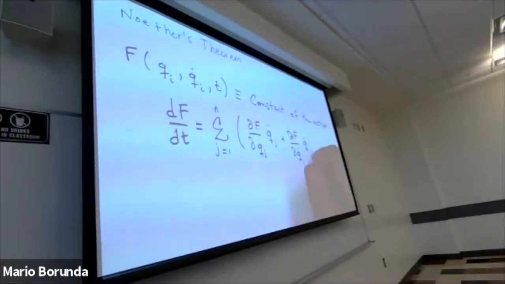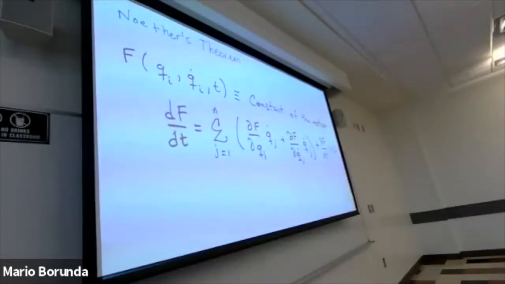And this is different from what you were seeing before. Notice that it has two little dots. All right. Questions? So that's the definition.